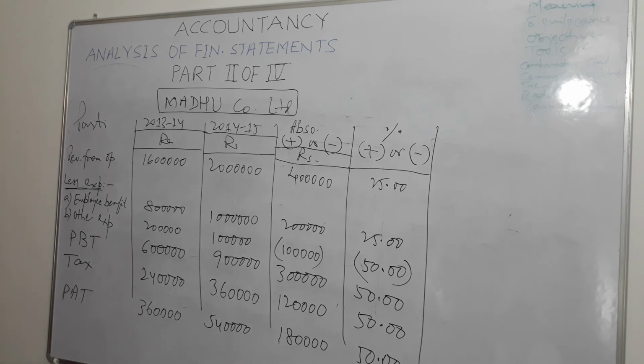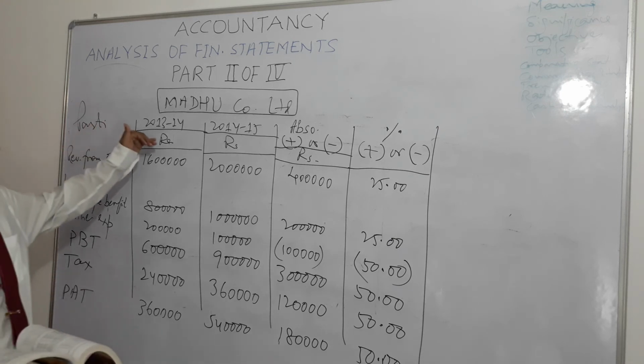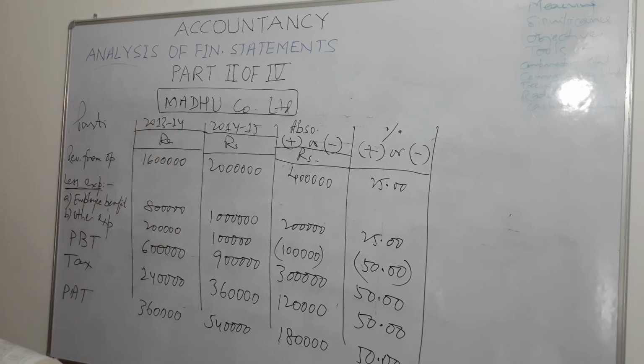So we have analyzed here profit and loss statement of Madhu and Company and comparative statement 13, 14, 14, 15. So first column we have particulars. What are those particulars? Revenue from operations, less expenses. First expense is employee benefit expenses, other one is other expenses.